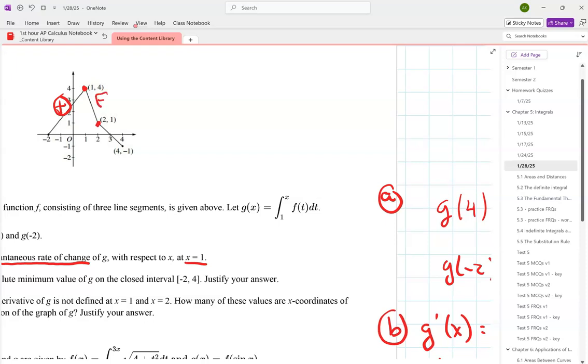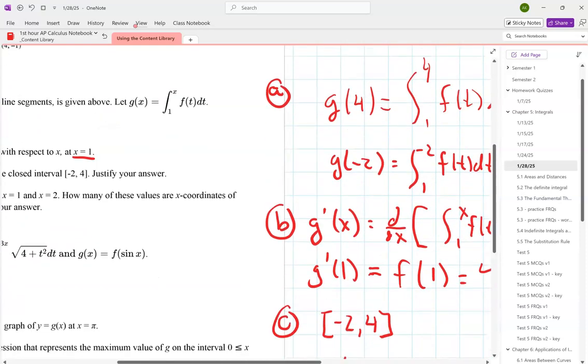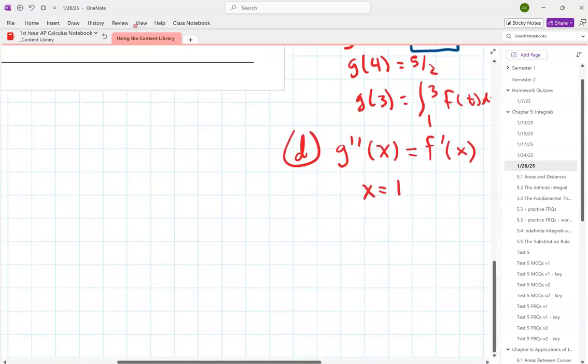To the right of 1, f has a negative slope. So the derivative of f is positive when x is less than 1, and it's negative when x is greater than 1. What I'm observing there is that my second derivative of g changes sign at x equals 1. That is the definition of an inflection point, that the second derivative changes sign at that value. So it'll just be x equals 1.